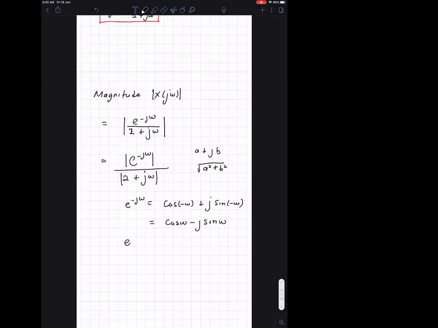The amplitude is the square root of cosine squared omega plus sine squared omega. So what's that equal to? 1, right?